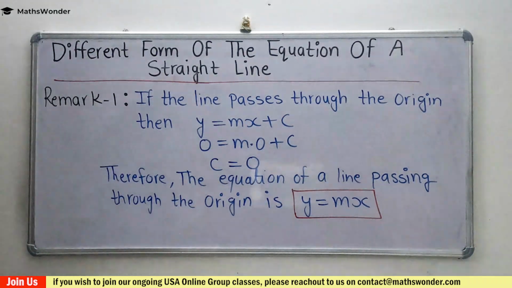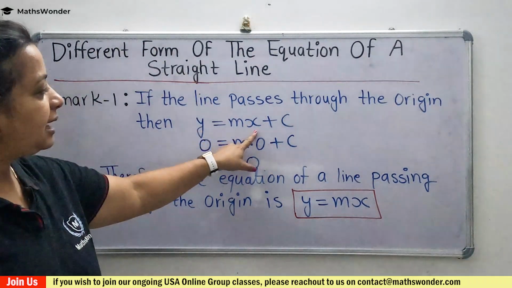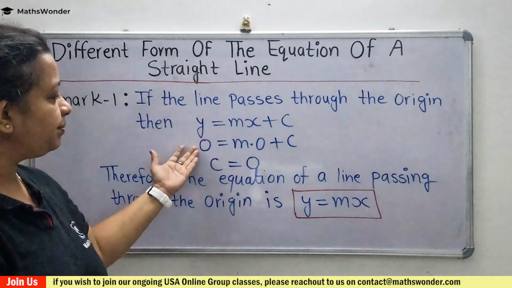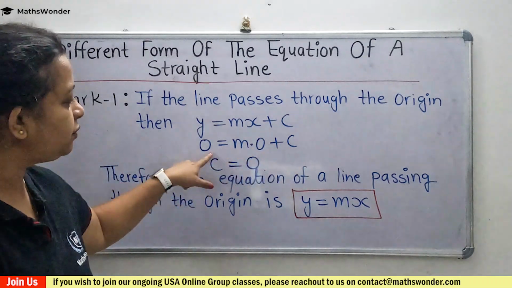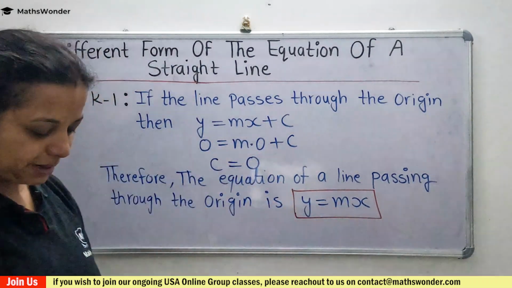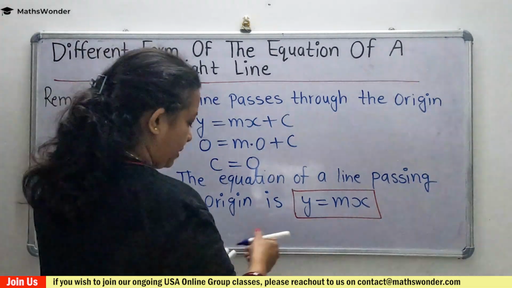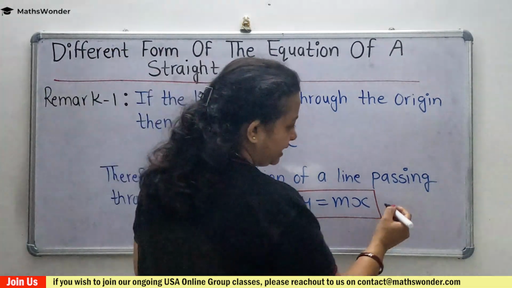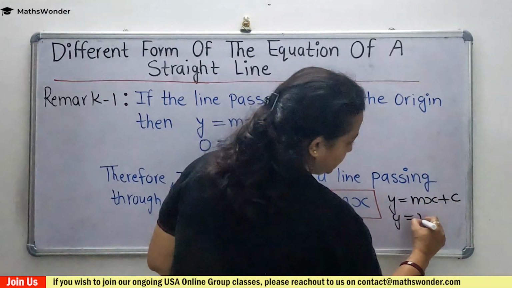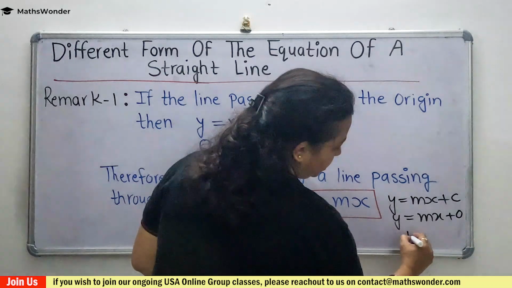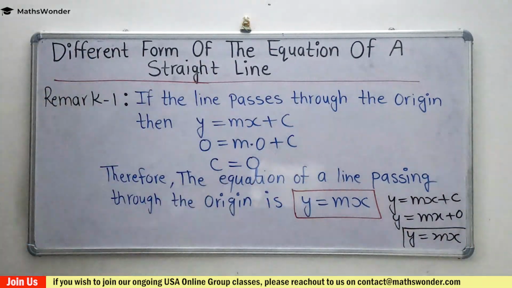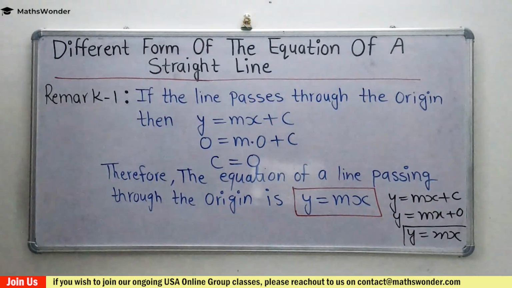C is removed from the equation, because when it passes through the origin, x is 0 and y is 0, so c equals 0. Substituting in y equals mx plus c, since c is 0, we can write y equals mx. So the equation comes like this.